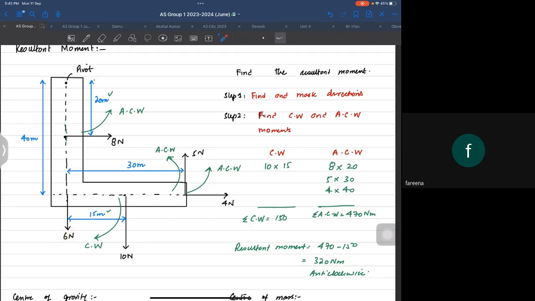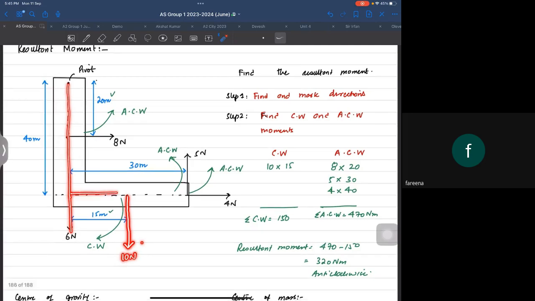Now let's look at 10. With respect to pivot, this is the line of action pivot, okay? So the force 10 is here, but now from the pivot, you see it has a perpendicular distance till the line of action pivot. So pivot is here, which means this is 15, this is 90 degrees.